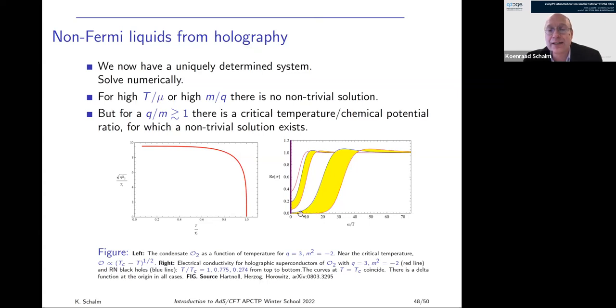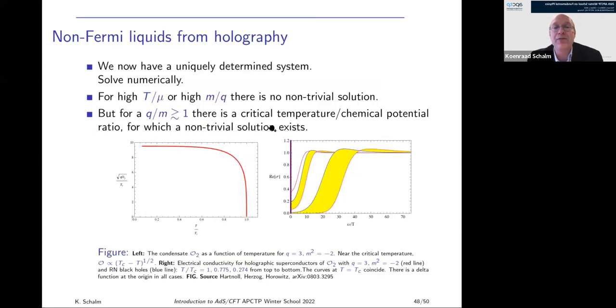But if you're in the superconducting state, you really see that there is a gap that opens up, the superconducting gap, with a very high delta function and infinite conductivity. So this really is a holographic superconductor.